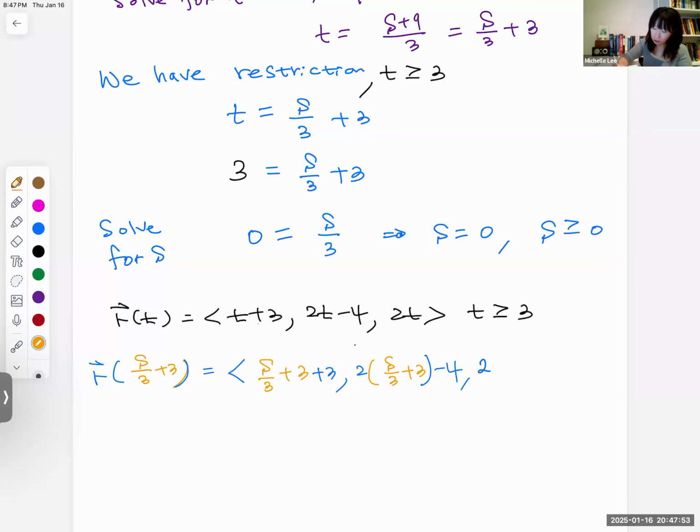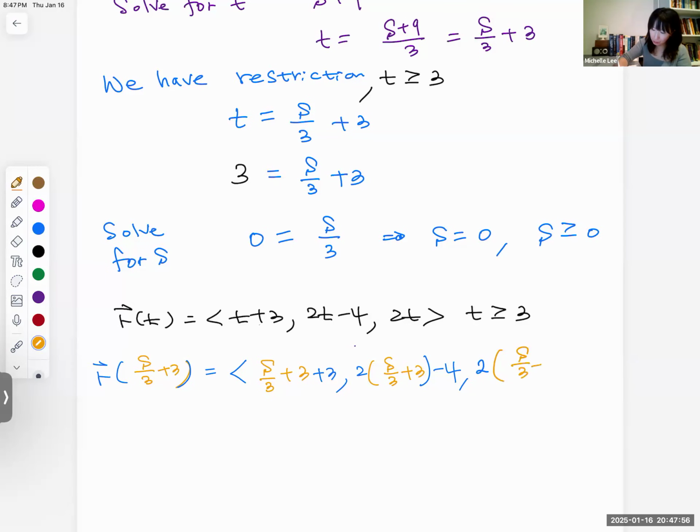2 times s over 3 plus 3. Let's combine. So we will get s over 3 plus 6. And then we distribute. So 2s over 3 plus 6 minus 4, which is plus 2, right?